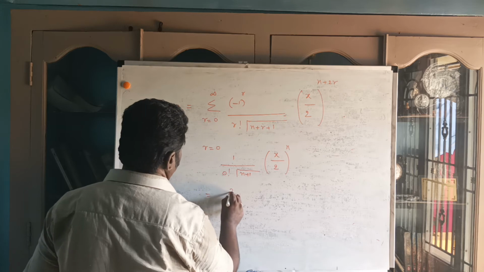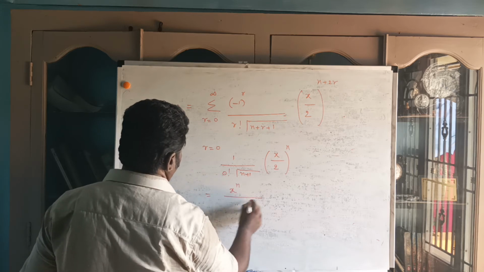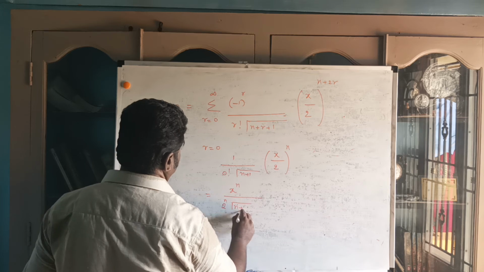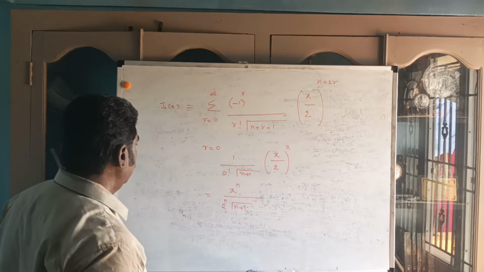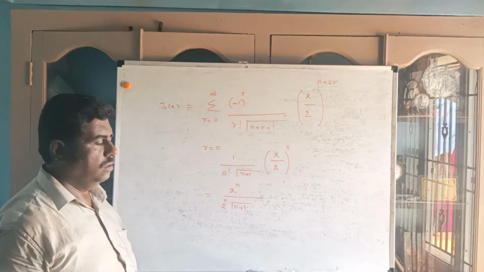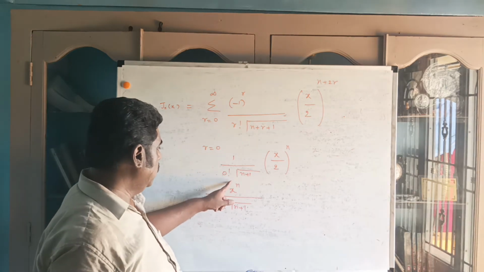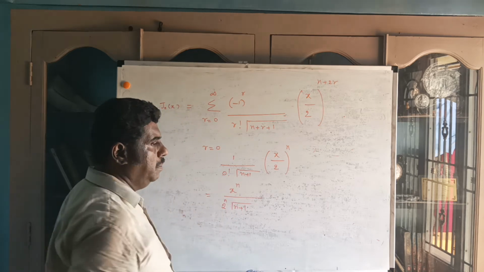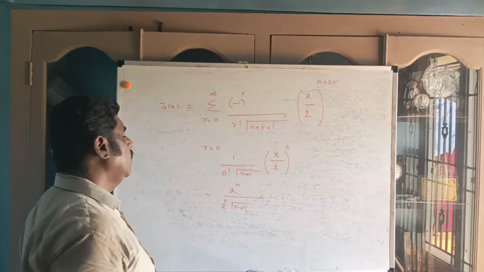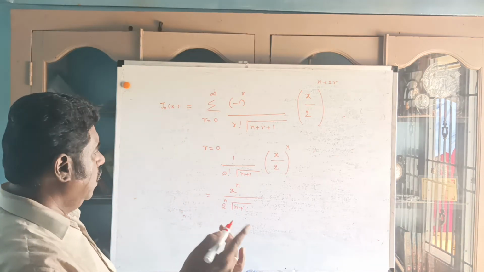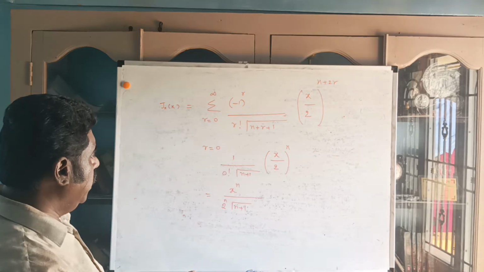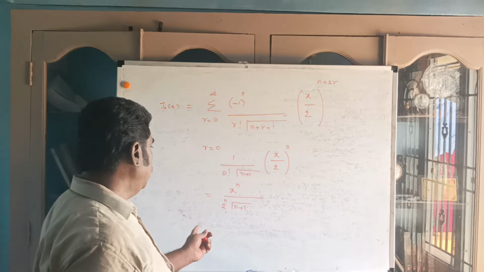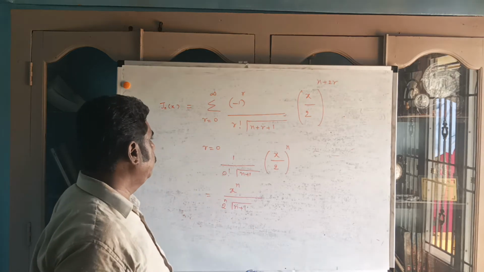This is equal to x power n divided by 2 power n into gamma of n plus 1. That means the first term of that equation. In that equation, x power n divided by 2 power n gamma of n plus 1 into 1 is present. So if you multiply, we can get the first term.